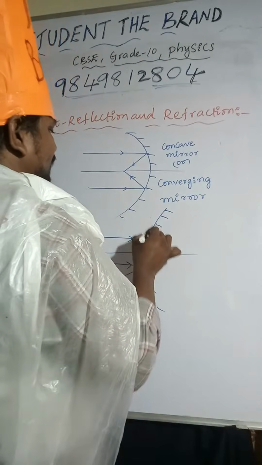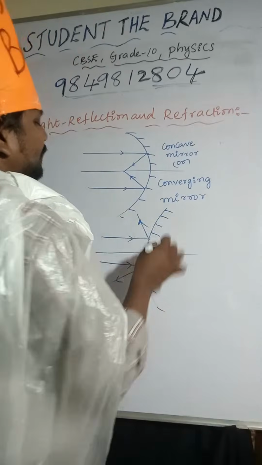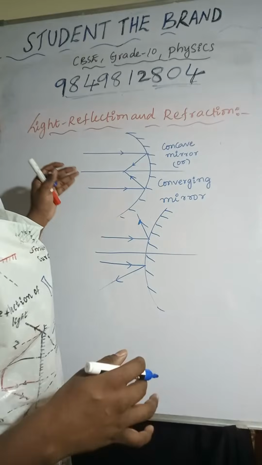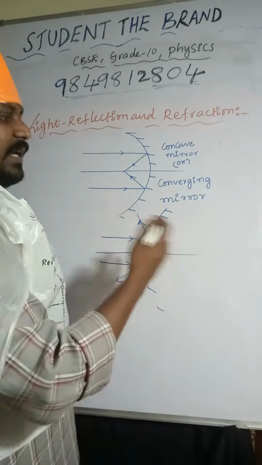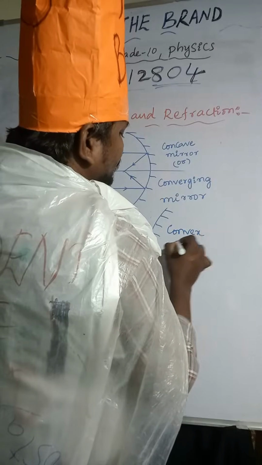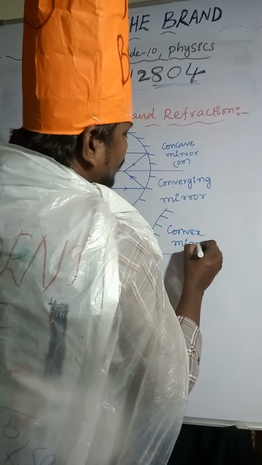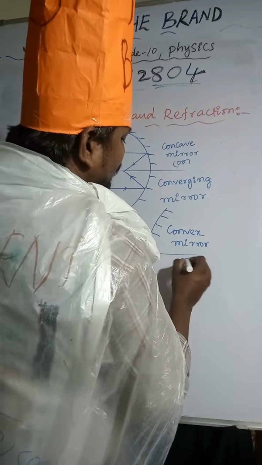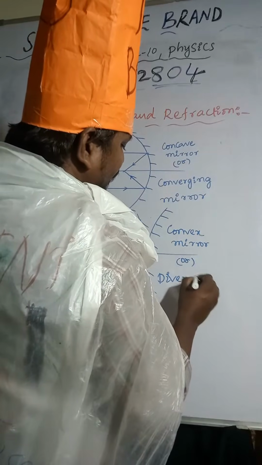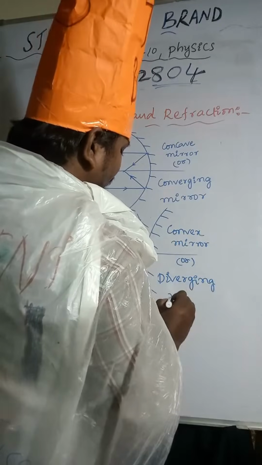So this mirror, the convex mirror, is also known as diverging mirror.